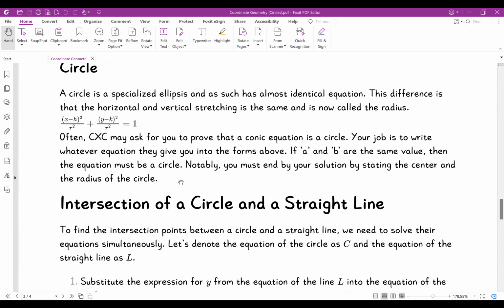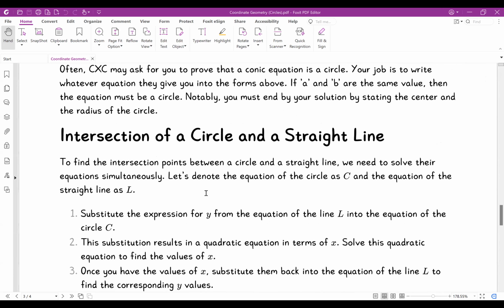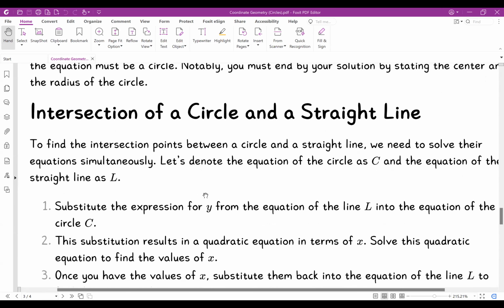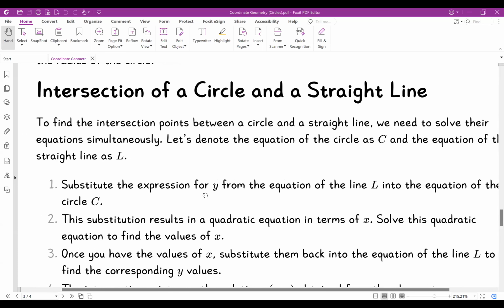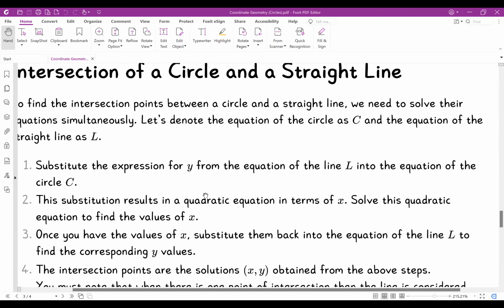Now you're asking about loci, right? To find the intersection points between a circle and a straight line, we need to solve the equations simultaneously. We'll denote the equation of the circle as C, and L is the equation of the straight line. We're going to substitute the expression for y from the linear equation into the equation of the circle.